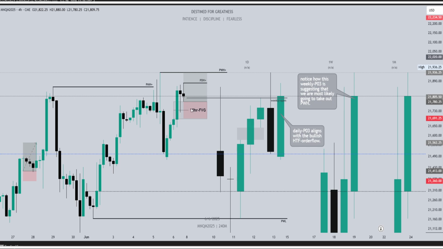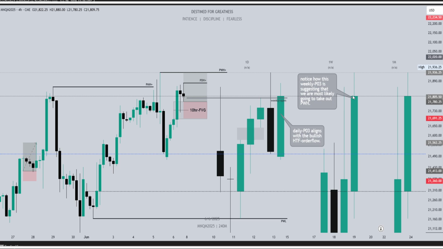So the first thing that I want to explain is the higher time frame objective of this setup. With the way that we closed here on this weekly candle, you can see that the closure is where my mouse is, and the close of last week's candle was visibly closer to the weekly high than it is to the weekly low.